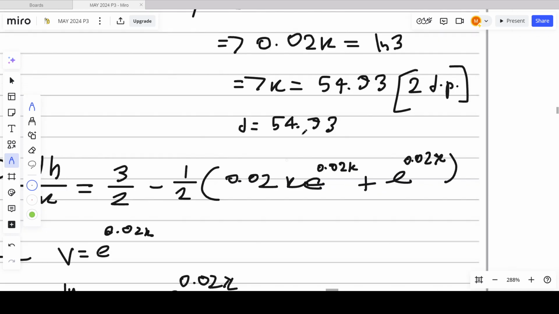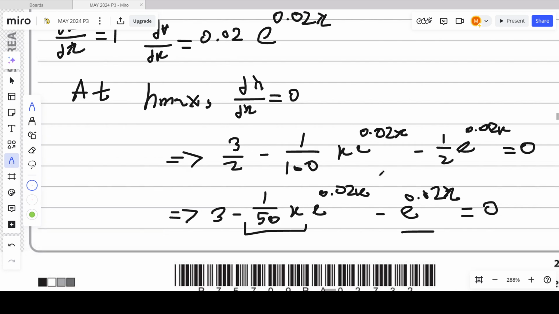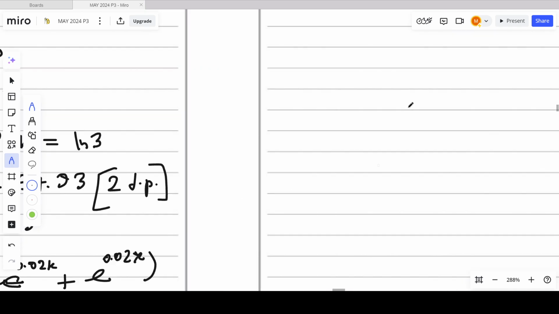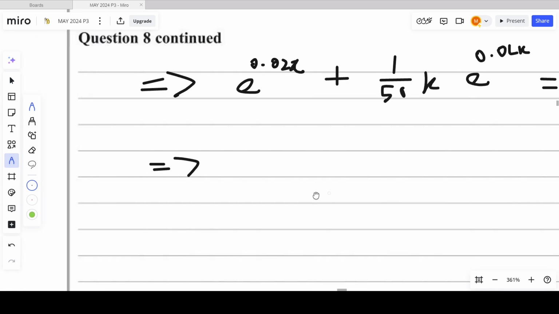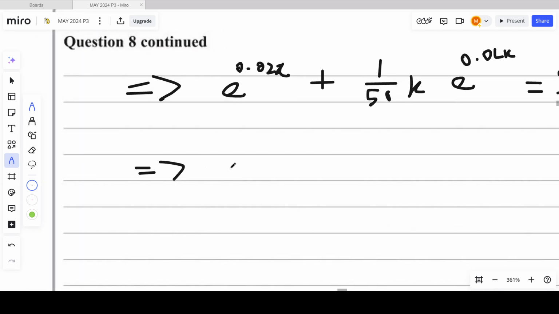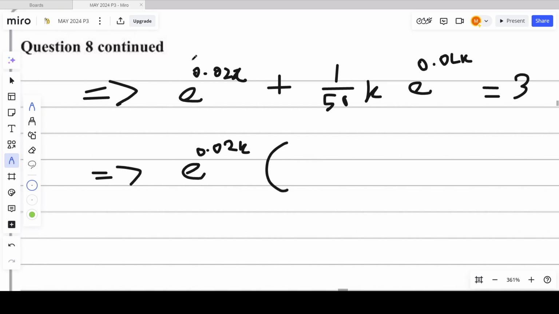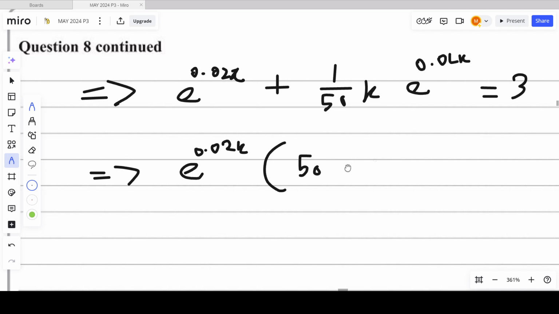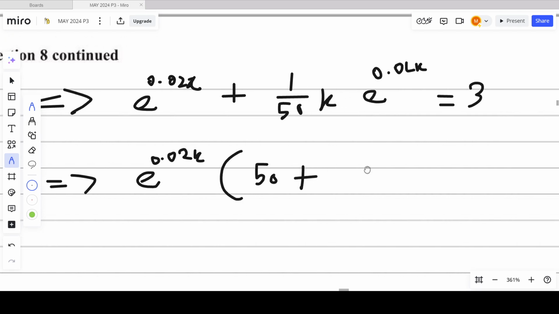Now we can multiply both sides with 50 and take e to the power 0.02x common. So if you take e to the power 0.02x common, then what you will get? 50, since we multiply by 50, so 50 plus just x.